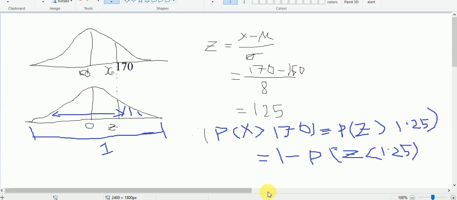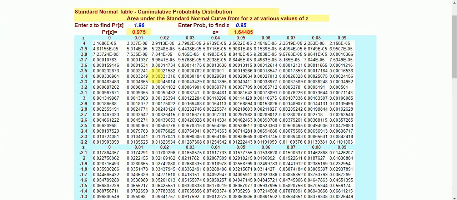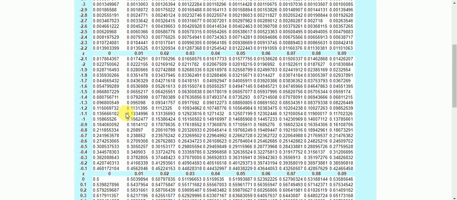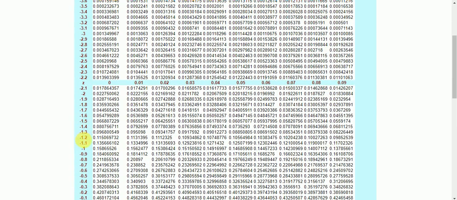Right. So this value for Z = 1.25 can be obtained by following this table. I will provide you this table after the recording. So let's find out what is 1.25 here. I'll find this value here.